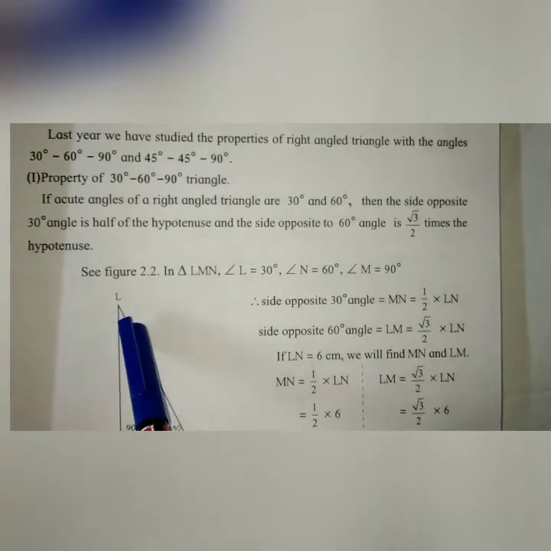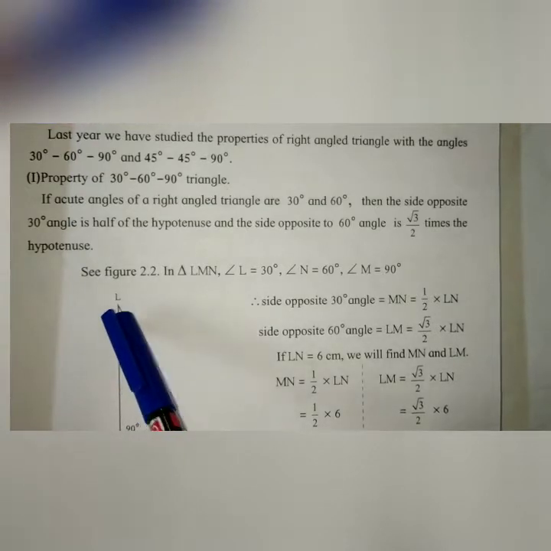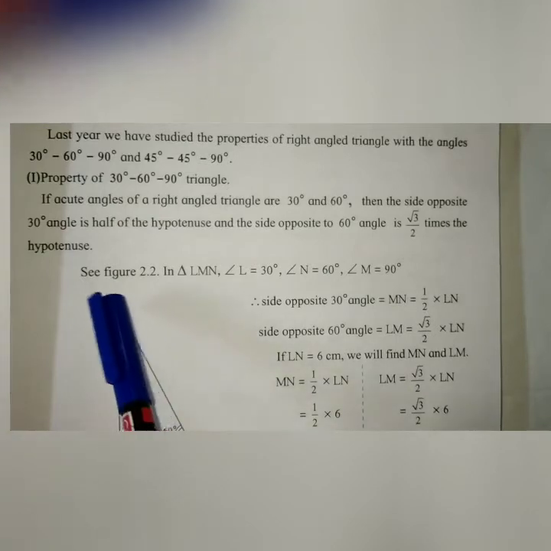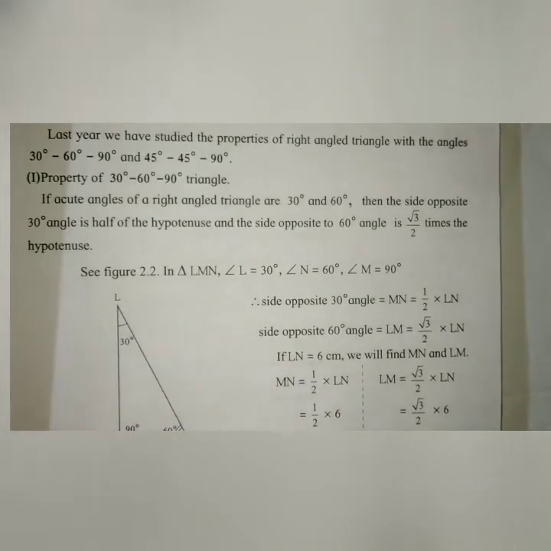Okay, see the figure. This is triangle LMN, where angle N is 30 degree, angle L is 60 degree and angle M is 90 degree. This is the right angle triangle, and angle L and angle N are the acute angles of triangle LMN.